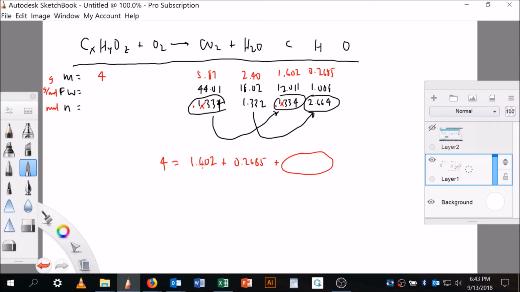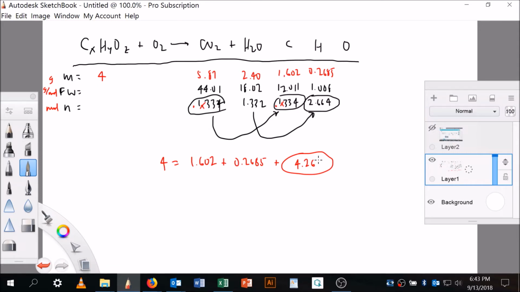All right, so let's go here. Plus 0.2685. Subtract that from 4. Equals 4.269. Oops, just a second here. No, that cannot be right.